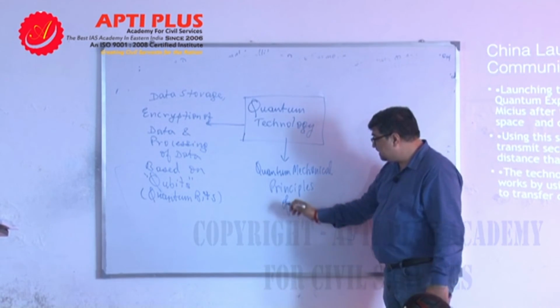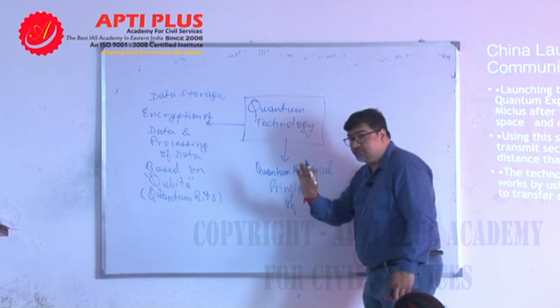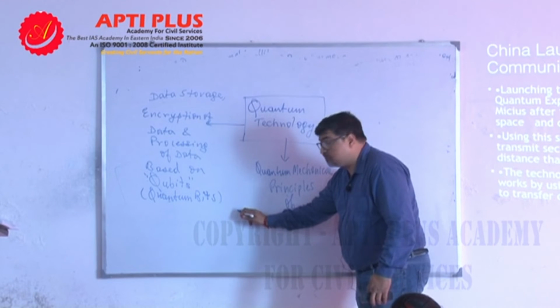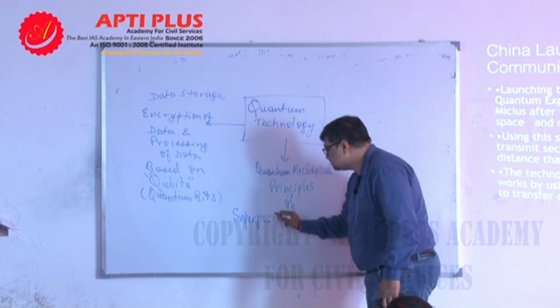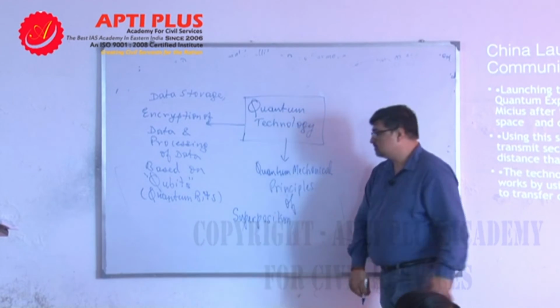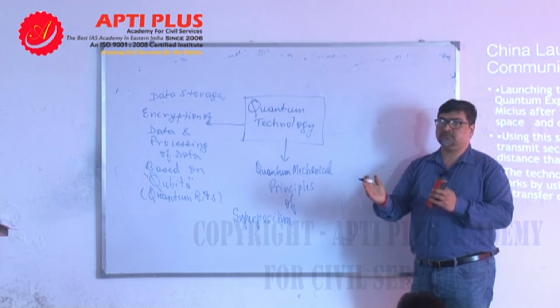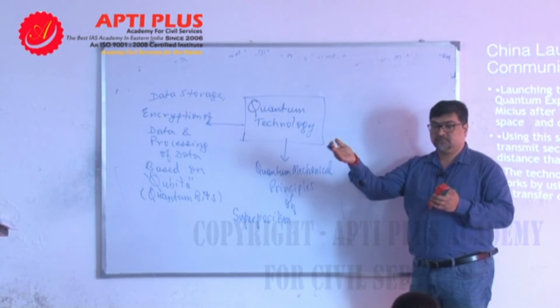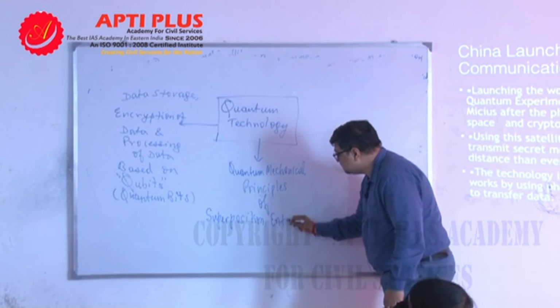Three words come in here. First is called superposition. What is superposition? Two states can combine with each other to form a third state. Then comes entanglement.